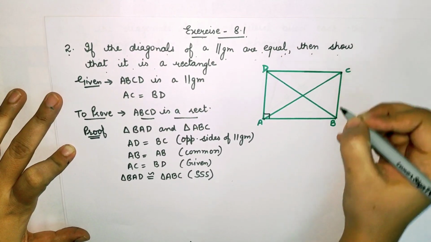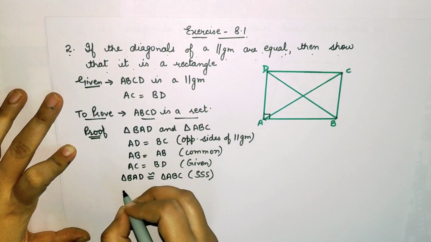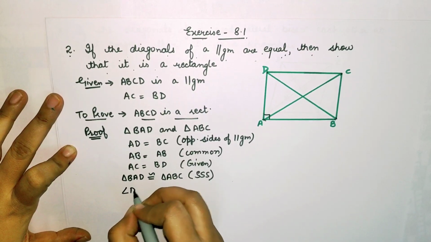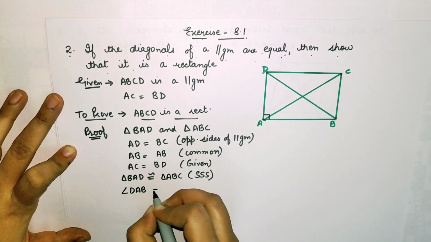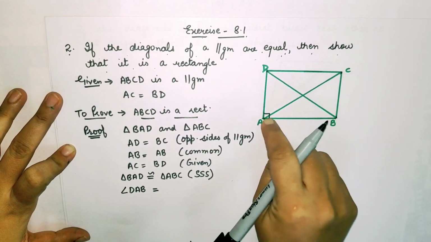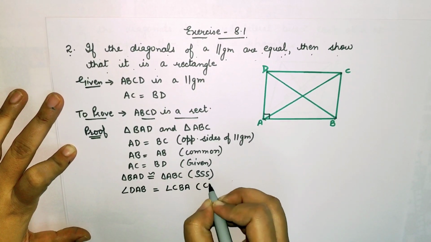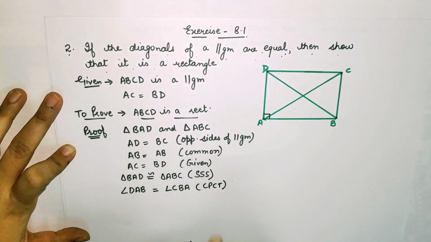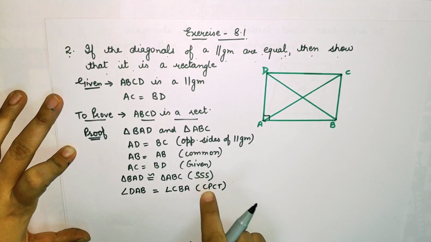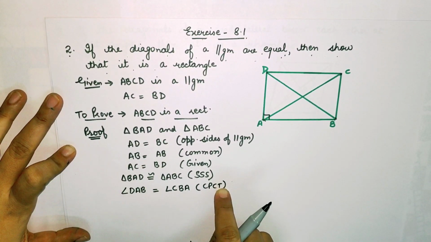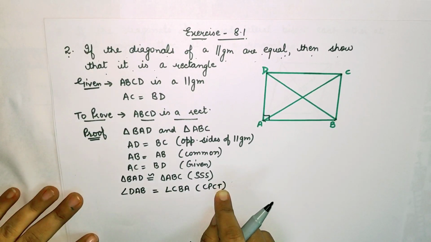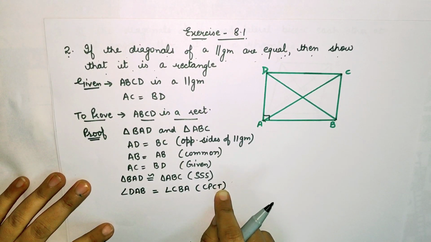Angle DAB is equal to angle CBA. CPCT. CPCT means corresponding parts of congruent triangles.